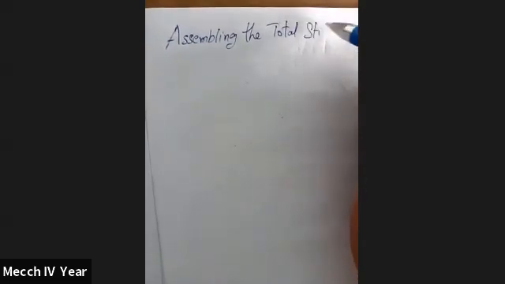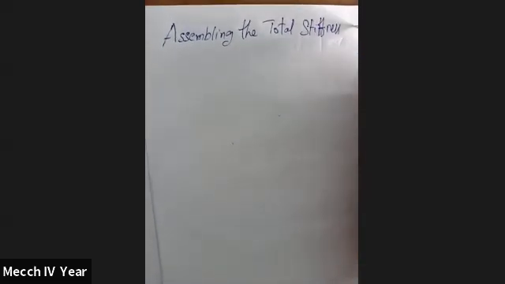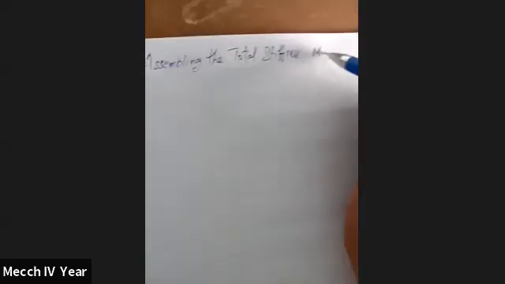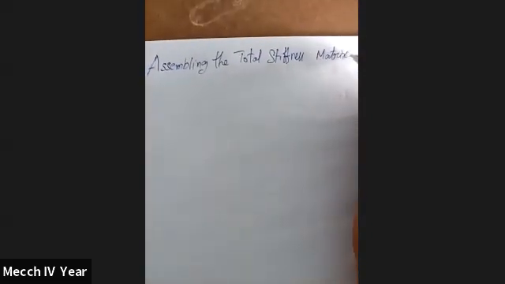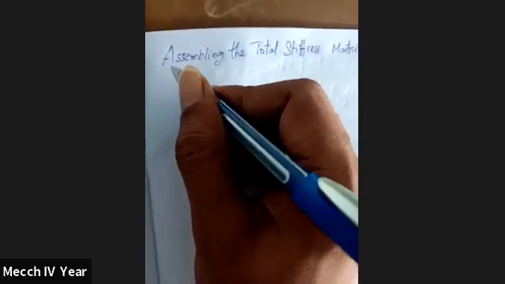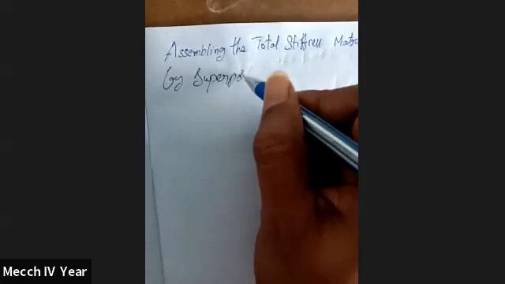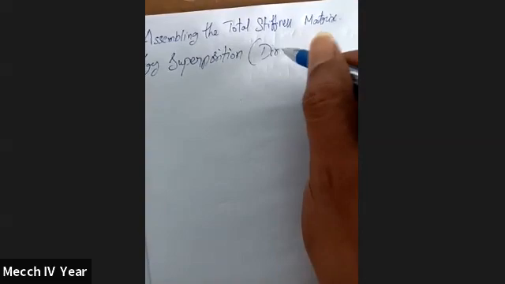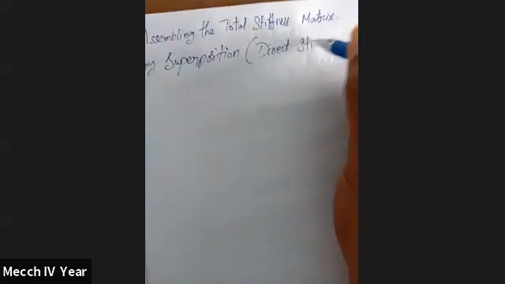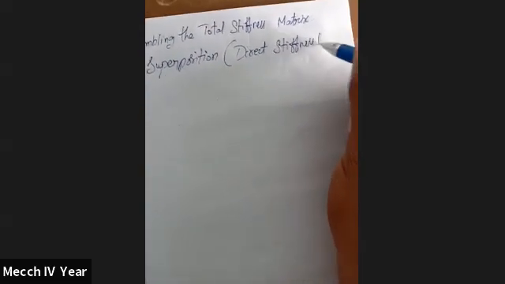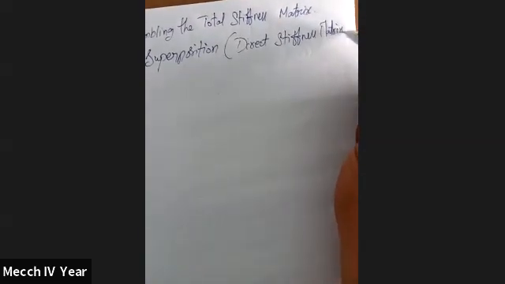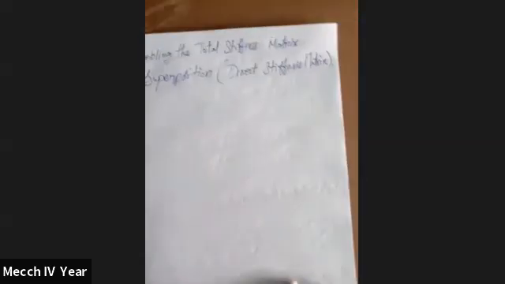That means, by superposition, that is called the direct stiffness matrix. Okay, we call it the direct stiffness matrix.